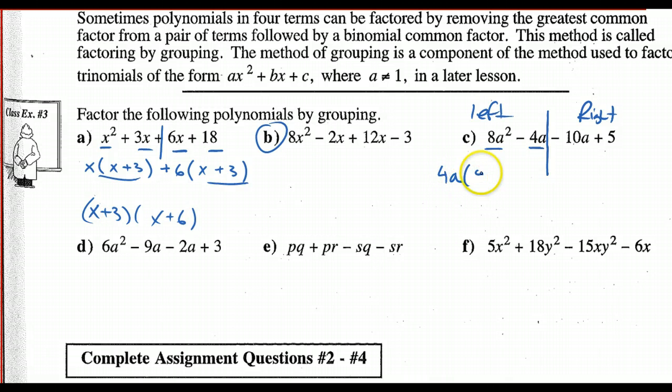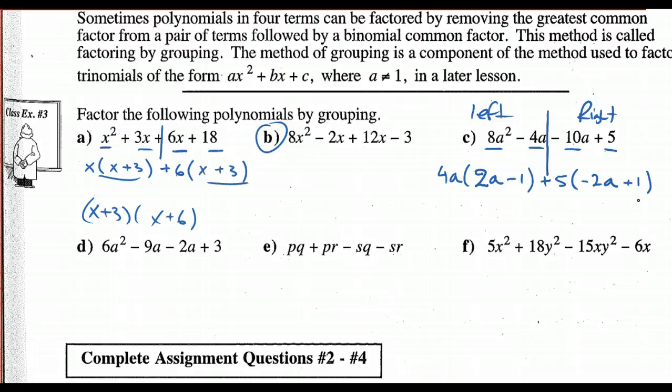And what's left is 2a minus 1. Here I can take out a positive 5, and what's left is negative 2a plus 1.